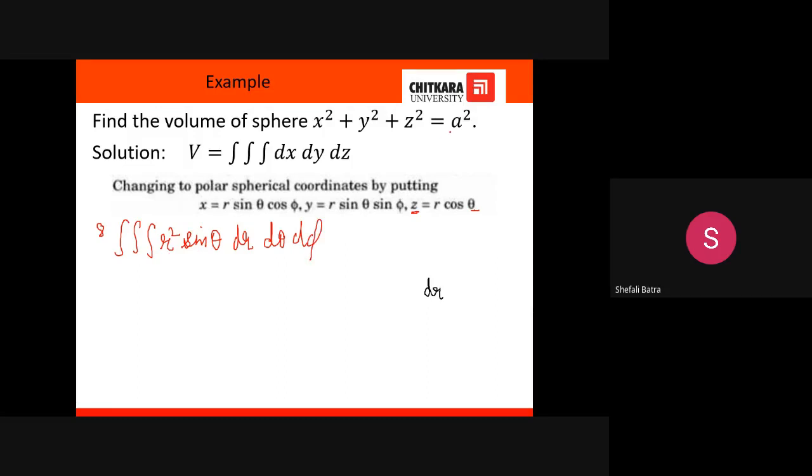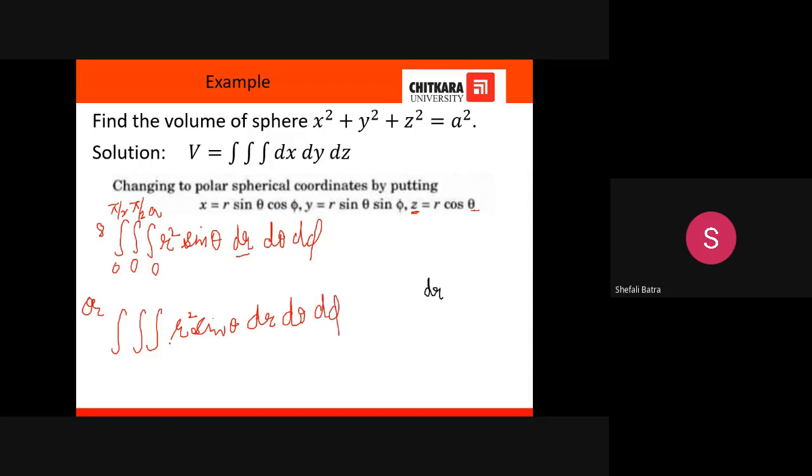The radius would be varying from 0 to a. So for dr it would be varying from 0 to a, theta 0 to pi by 2, and phi again 0 to pi by 2 because we are considering the first octant, right? Or if you want to find the complete volume, I'll write here integration r square sine theta dr d theta d phi.